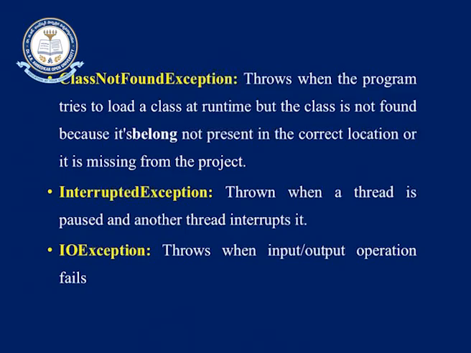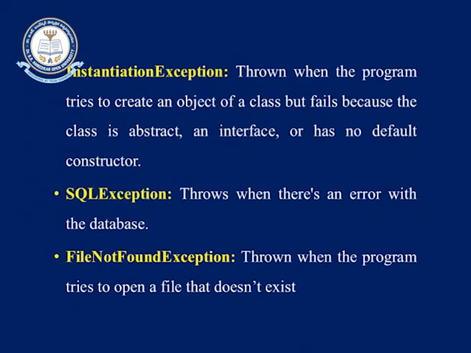It occurs when you are performing input output operations and they fail. Suppose the user gives numerical values instead of characters, then it will lead to an input output exception.